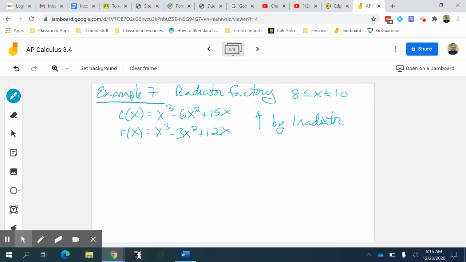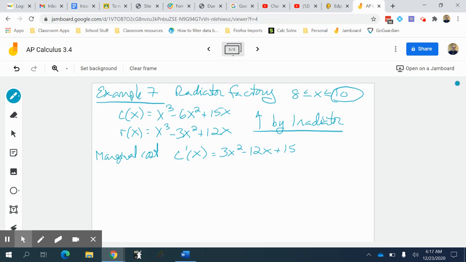So the first thing we need to do, we are currently producing 10. I forgot to mention that part. We're currently at 10, but we want to increase by 1 radiator. So our marginal cost function, C prime of x, the derivative of C with respect to x, is going to be 3x squared minus 12x plus 15.